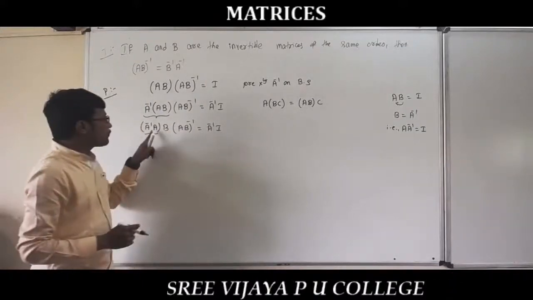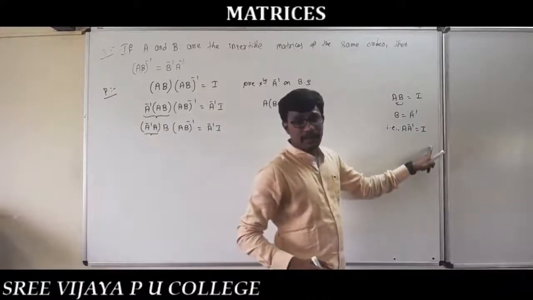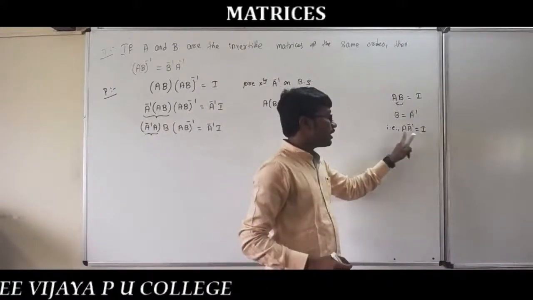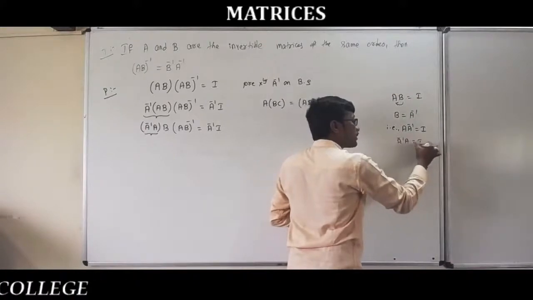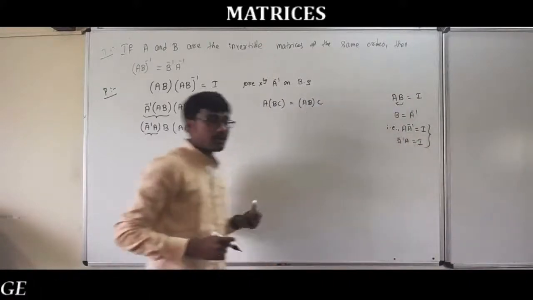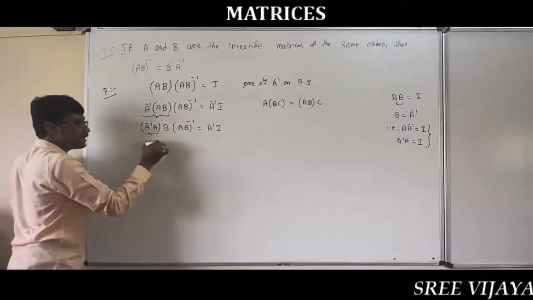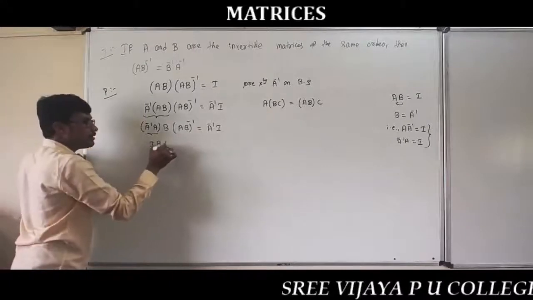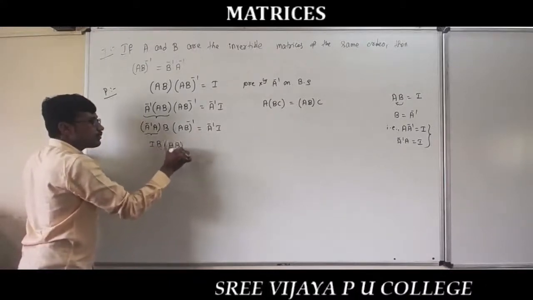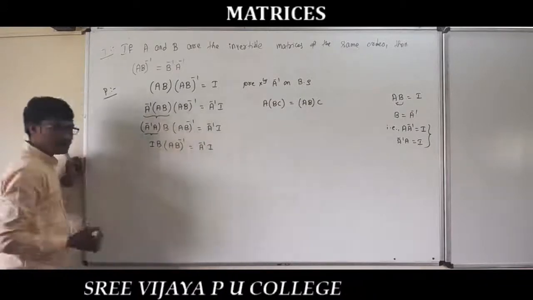For a matrix, if its inverse is multiplied, the answer is the identity matrix. A into A inverse and A inverse into A are both I, nothing changes. So we get identity matrix into B, IB into AB whole inverse equals A inverse into I.